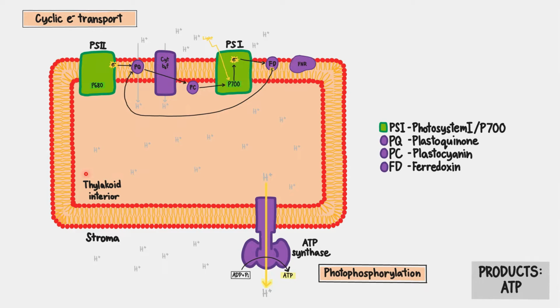Same as in non-cyclic photophosphorylation, when the protons inside the thylakoid interior become excessive due to the pumping in of protons, chemiosmosis occurs, which phosphorylates ADP to ATP through ATP synthase. So in cyclic photophosphorylation, only ATP is the product, and only photosystem 1 is involved in this process.